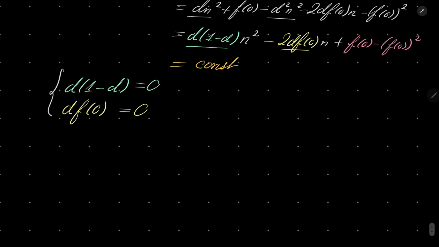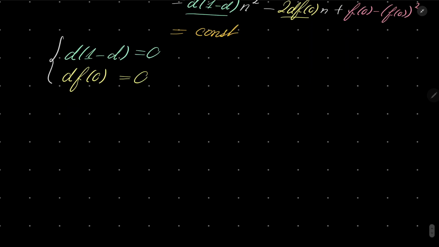And we have two possibilities. Either d is 0 and both conditions are satisfied, or the second possibility is that d equals 1 and f of 0 equals 0.